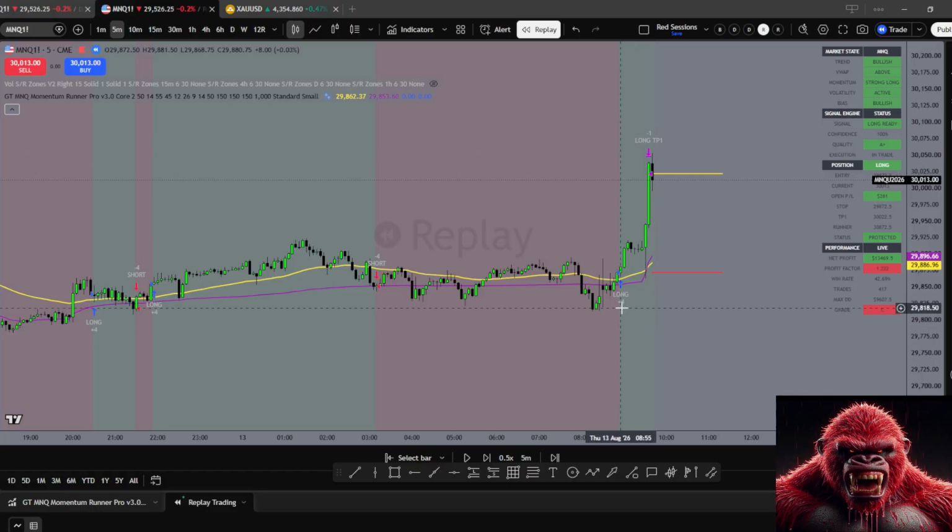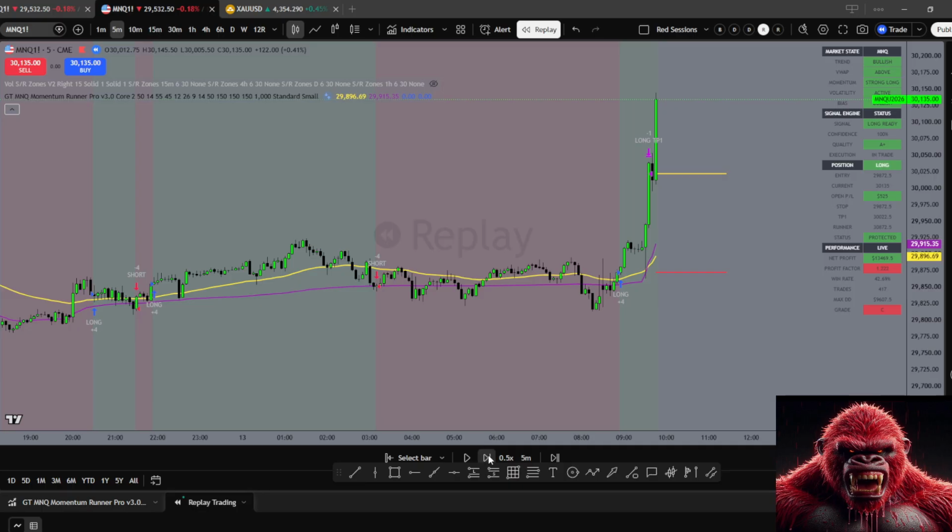And what it told us at the entry point, now keep in mind this is Nasdaq futures on micros, so it was telling us to buy 4 micros. It took us to TP1. It said to take off 1 micro and to go break even. So now you're running risk-free for that trade. Okay, that's how the system works.